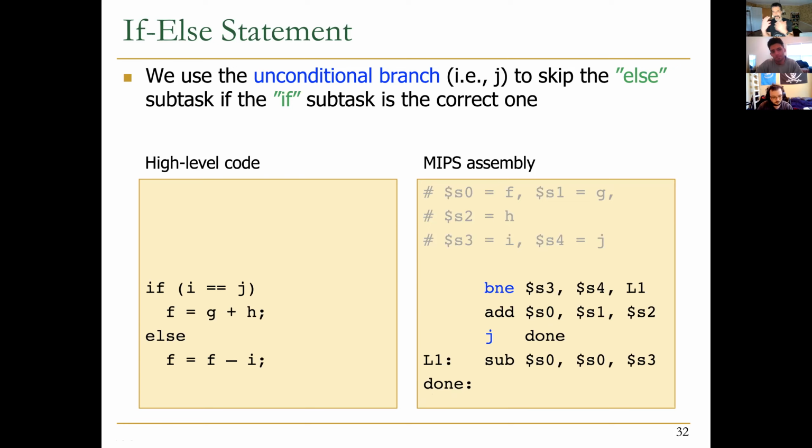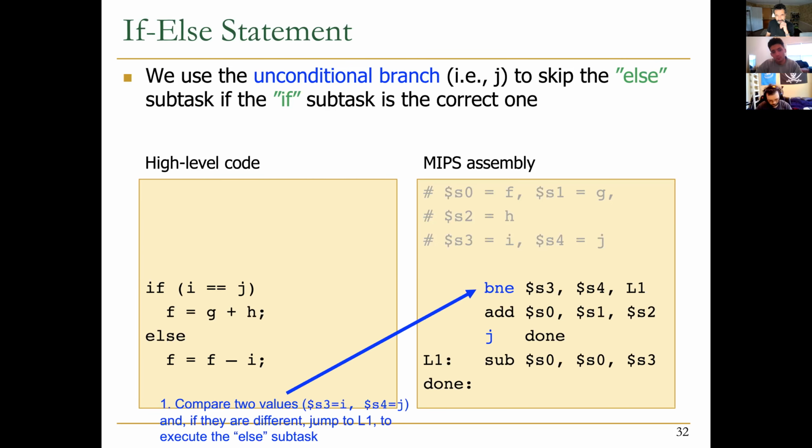So basically, it's a combination of two labels in order to simulate this if-else part. It's not difficult, but slightly tricky if you are not that familiar with assembly code. But at this point, hopefully you are.